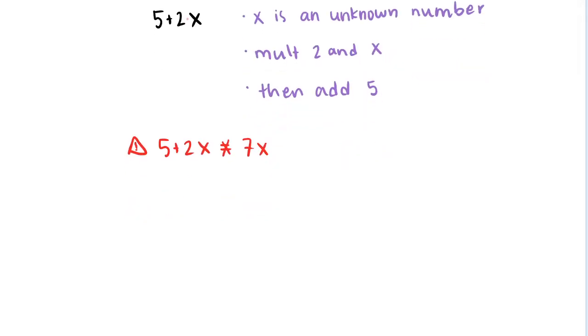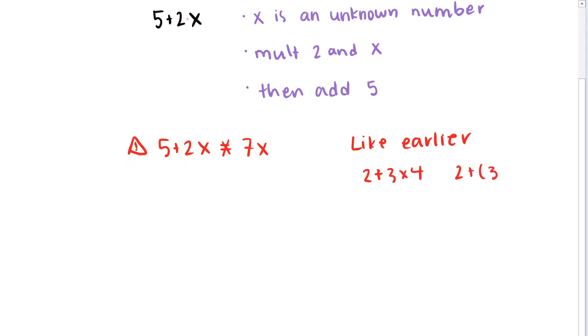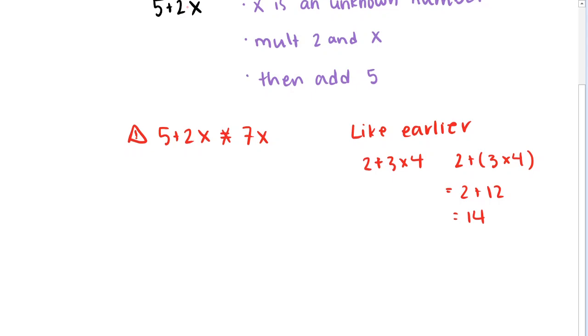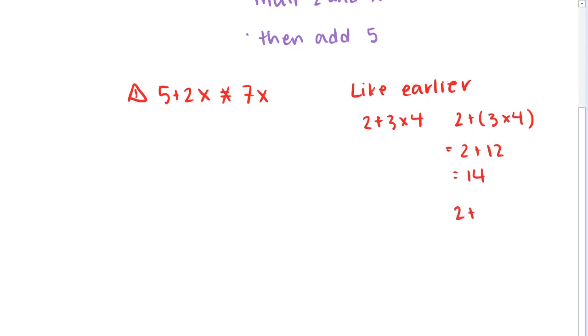So here, maybe just to compare, like earlier, when we looked at 2 plus 3 times 4, right, we got a different result from adding on 2 to 3 times 4. Right, this gave us 2 plus 12, which was 14. We got a different result if we tried to apply the addition first, right? 2 plus 3 times 4.